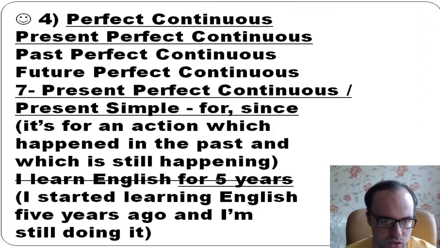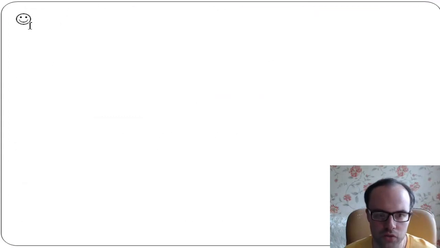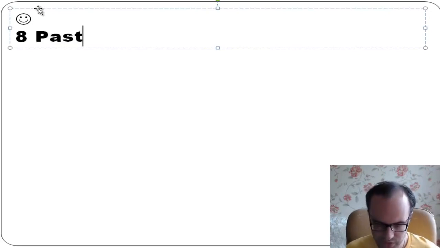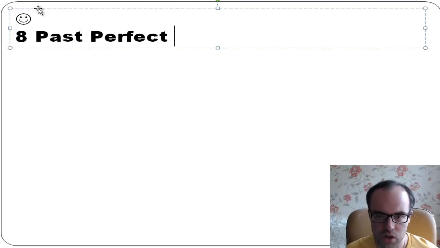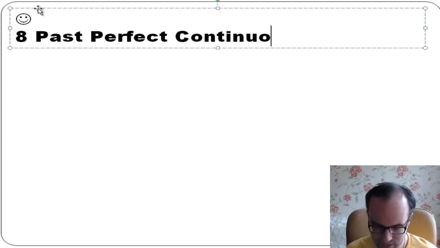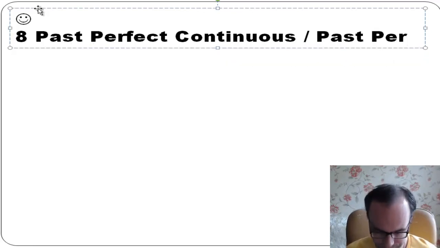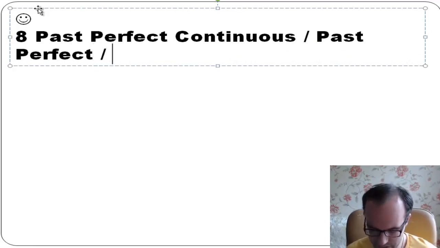Well, I'd also like to talk about these very important tenses. So past perfect continuous. Let's compare this tense: past perfect continuous, past perfect, and past continuous.